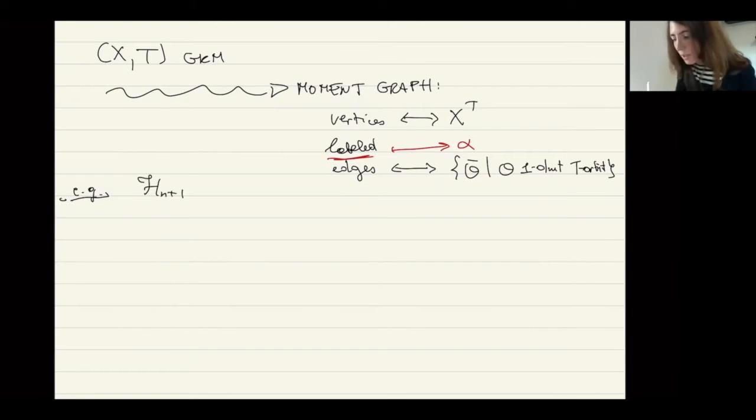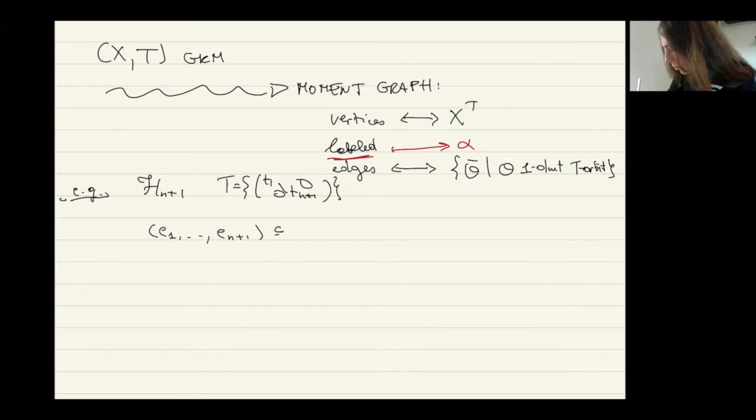If we have the variety of complete flags inside C^(n+1), and our maximal torus T = (t_1, ..., t_(n+1)) inside GL_(n+1) as before, and if I take the standard basis of C^(n+1), e_1, ..., e_(n+1), with the coordinate t_i on the diagonal of the torus rescaling e_i by the appropriate complex number, then the T-fixed points are nothing but coordinate flags.